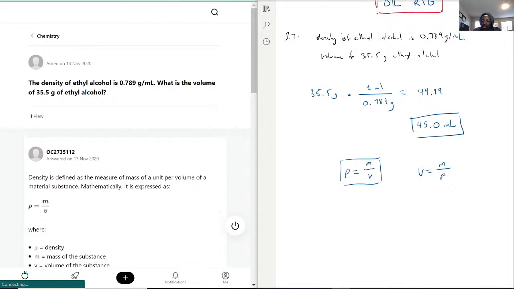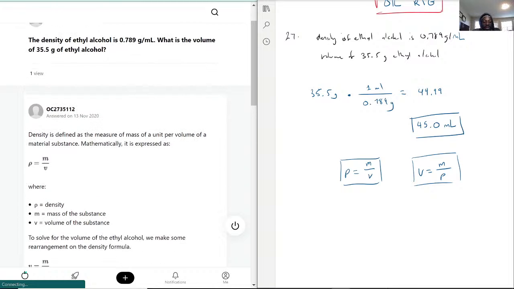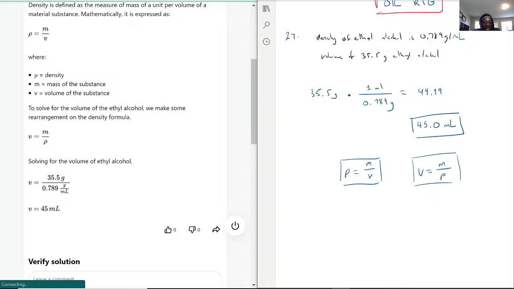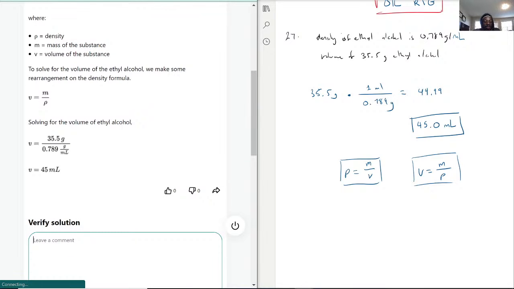But I didn't need to know that formula per se because I was able to look at the units and make sure I was canceling the right units. Just another trick, so you don't feel overwhelmed by all these equations you have to memorize. That's what they did here. They rearranged it and got 45 mL. So this is correct.